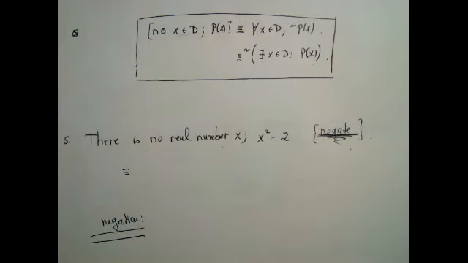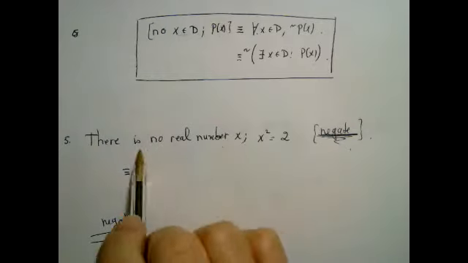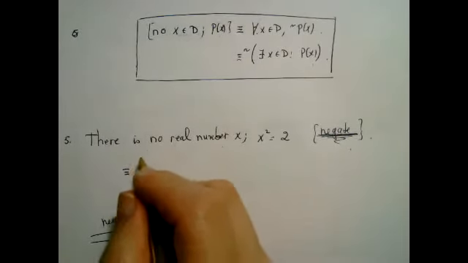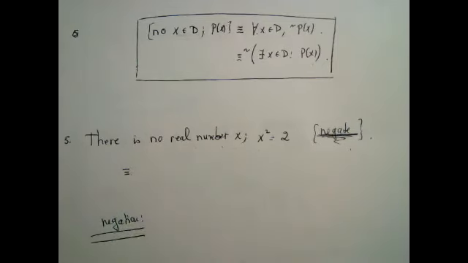Do you agree with him? Is this the negation? There exists no number such that x squared equals 2. Is this the negation of that? Nick, are you giving me the negation?